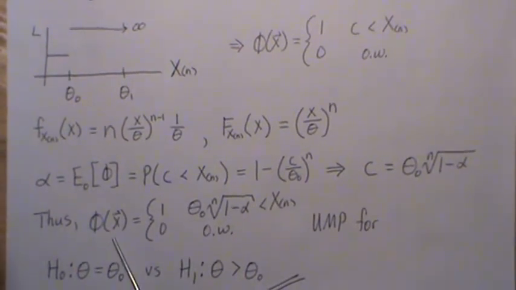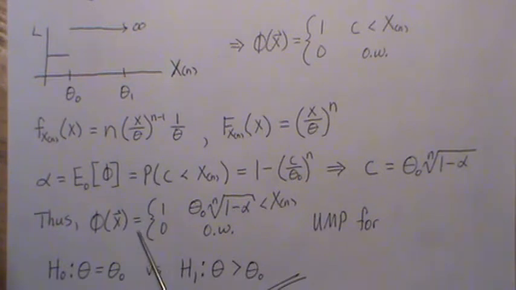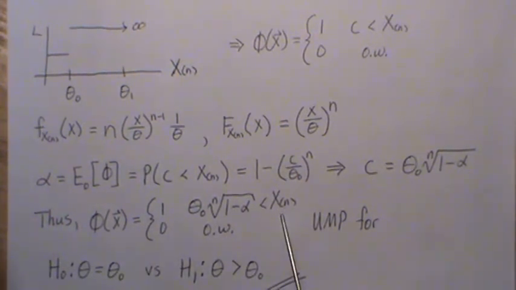So that means the most powerful test for this simple versus simple hypothesis is this. When our maximum value, our largest data point, the nth order statistic, is greater than this cutoff, we reject, otherwise we don't. But notice there's no theta 1 value in this rejection region.